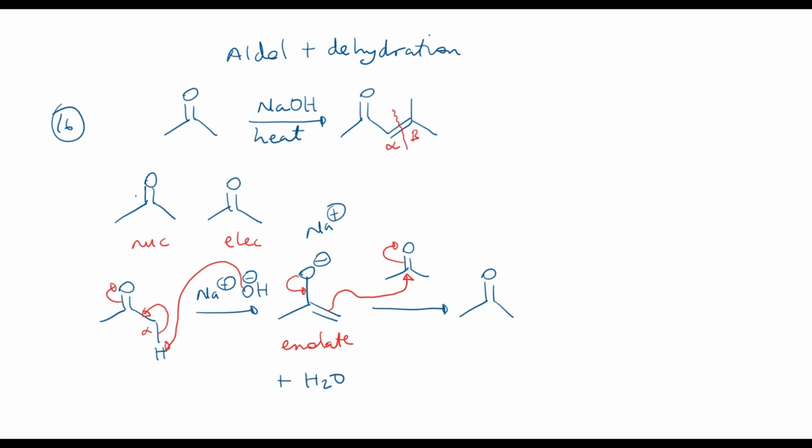So a bond is formed between the alpha carbon of the nucleophile and the carbonyl carbon of the electrophile. And that carbonyl carbon of the electrophile has two methyl groups and an oxygen, which will become negative charge. Now, this tetrahedral intermediate, of course, will attract the counter ion.